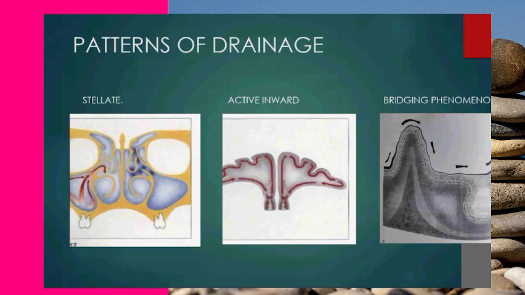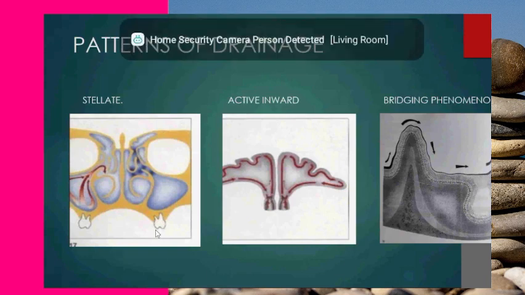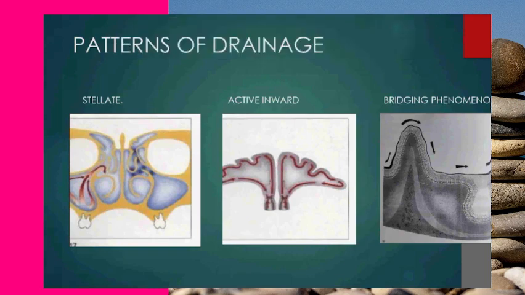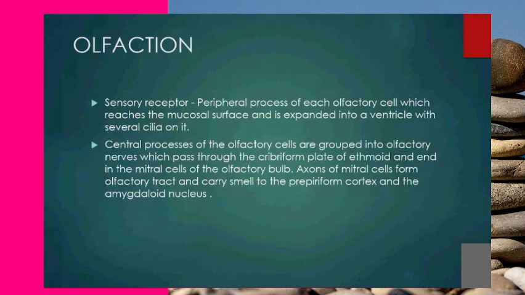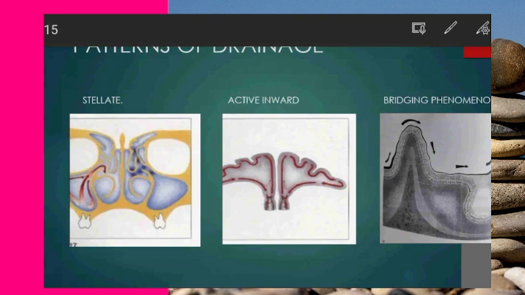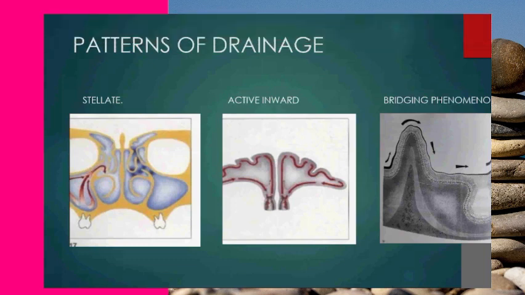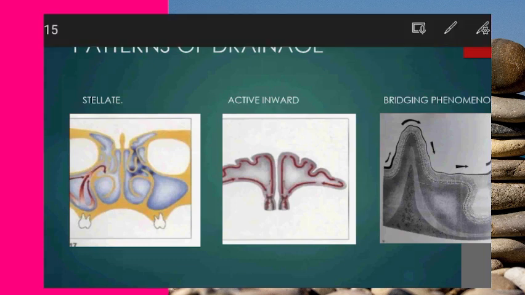Similarly, when you see the frontal sinus, you have a pattern of drainage where first the mucociliary beat will be moving towards the medial end. What you see here are the two frontal sinuses.